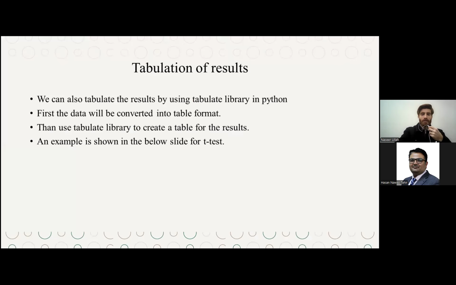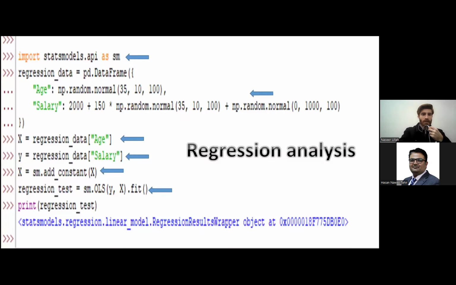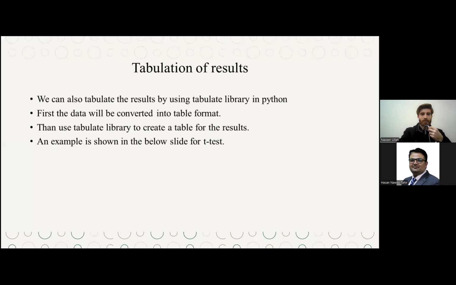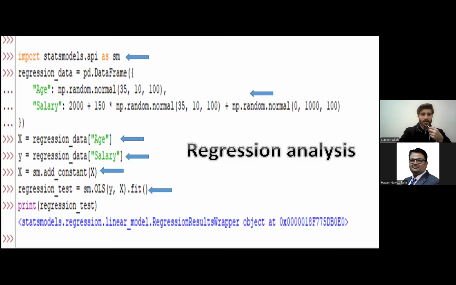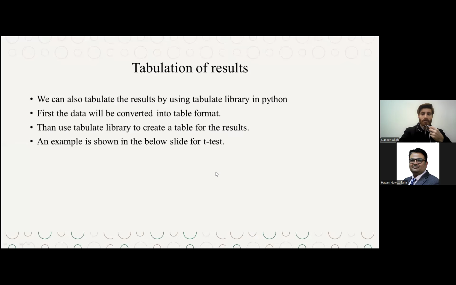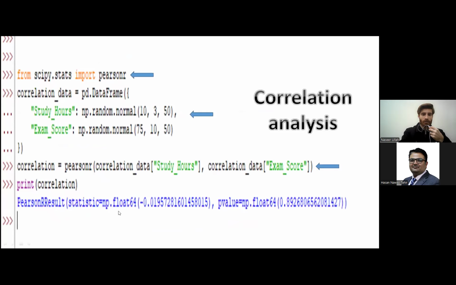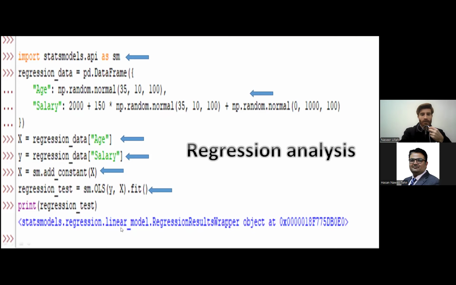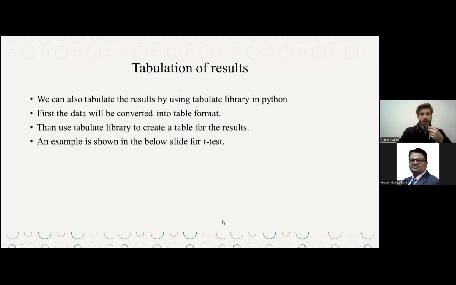Okay, these were the test analyses and codes applied. Now if you want the Python results in table form, like you have seen here, none of the results is in table form. It is in a line. This one is again in a line, and the previous one was also in a line.